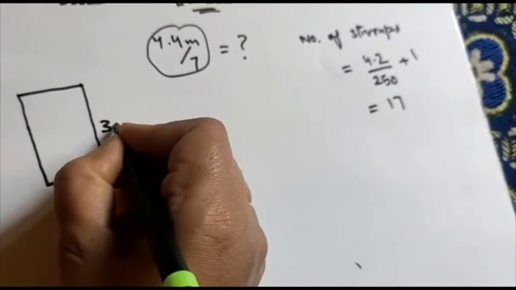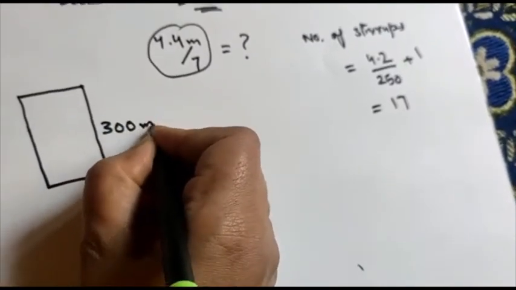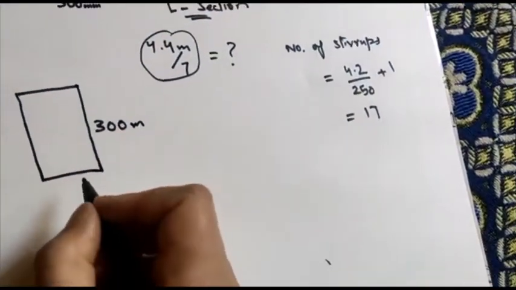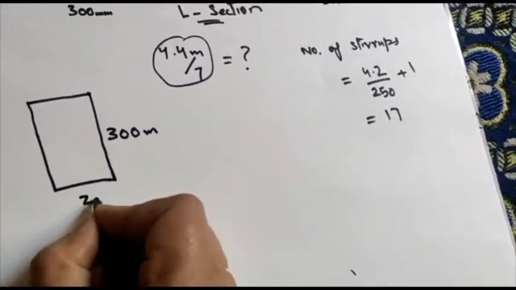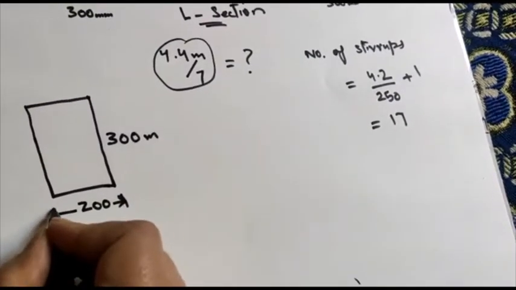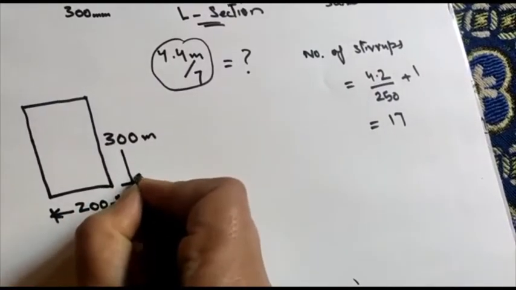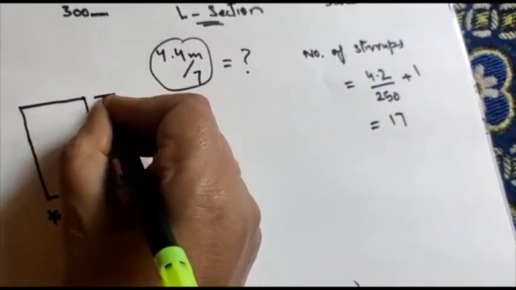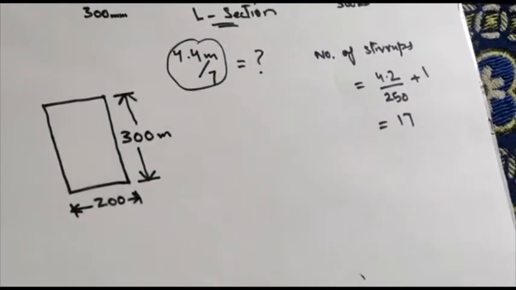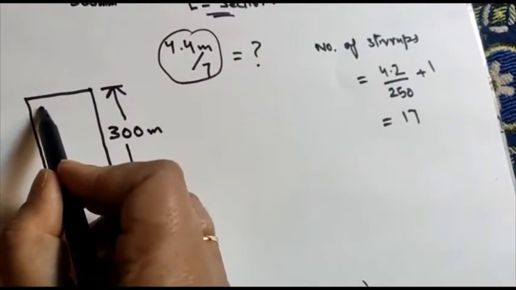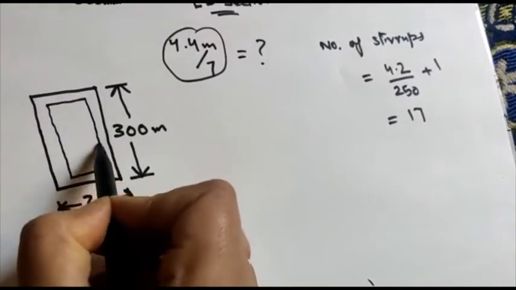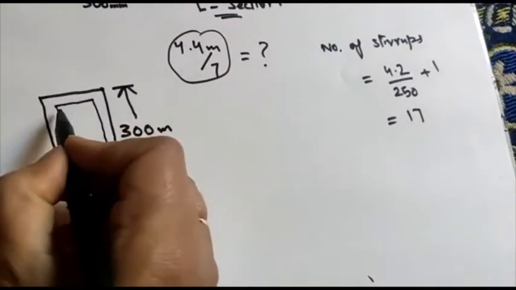Depth is 300 mm and width is 200 mm. And clear cover is here. Now first of all, stirrup is here. This is stirrup.